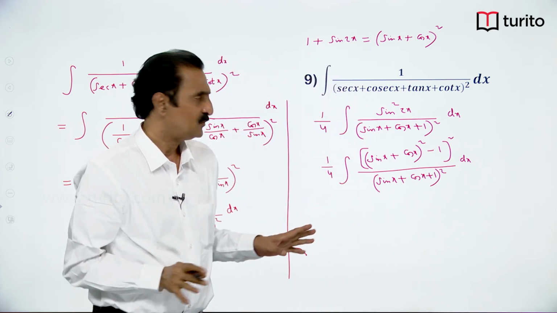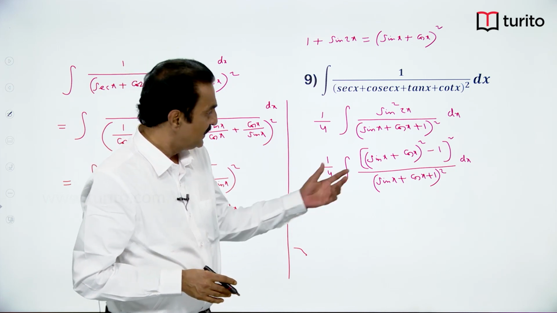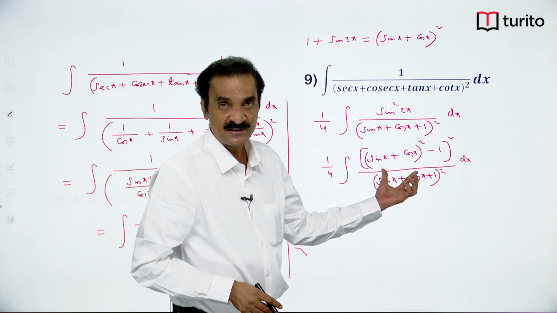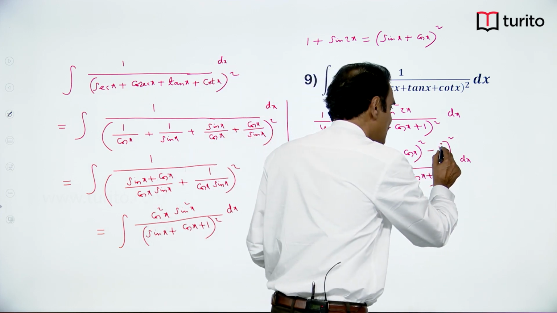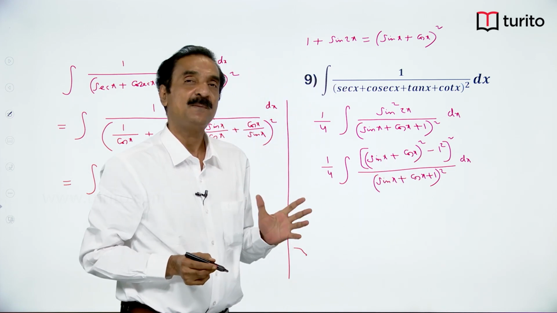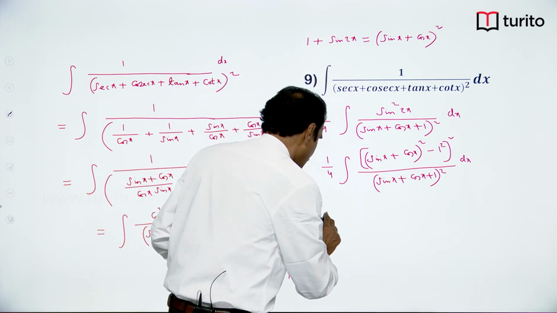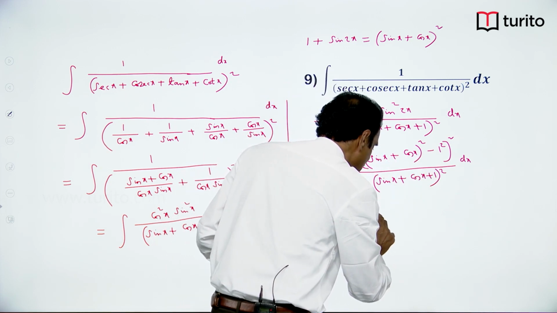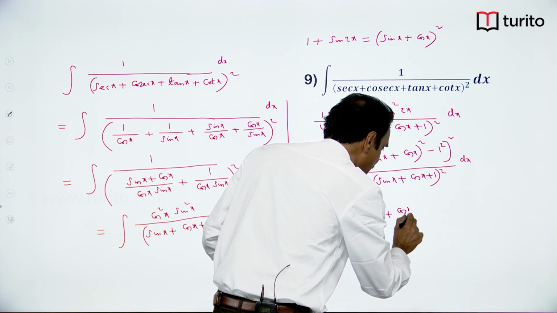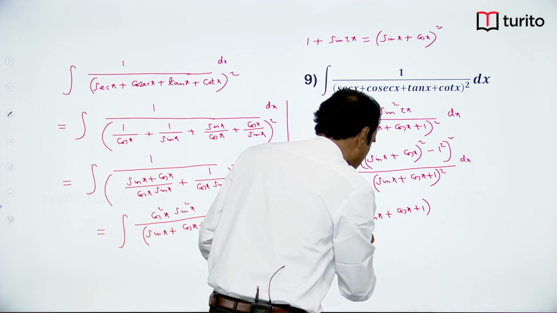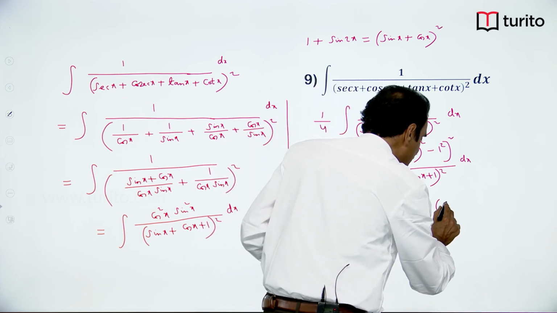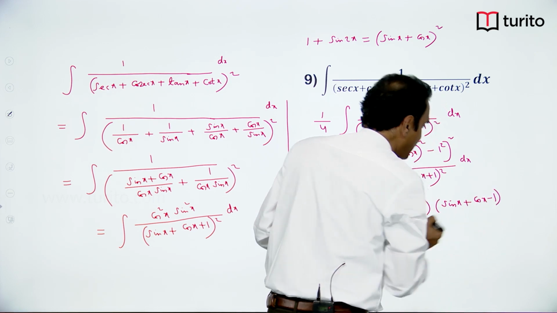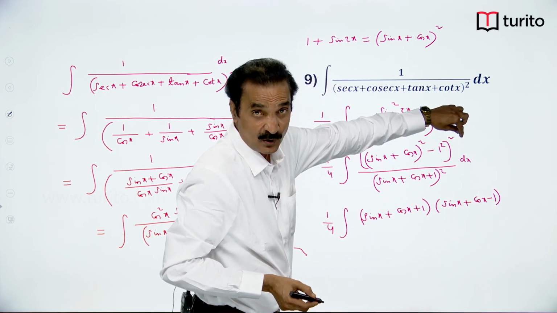Now, it is almost finished. This can be written as a square minus b square is a plus b into a minus b, no? So, if you write 1 as 1 square, a square minus b square is a plus b into a minus b. So, 1 by 4 into integral, a plus b means sin x plus cos x plus 1, into a minus b means sin x plus cos x minus 1, but again whole square is there.